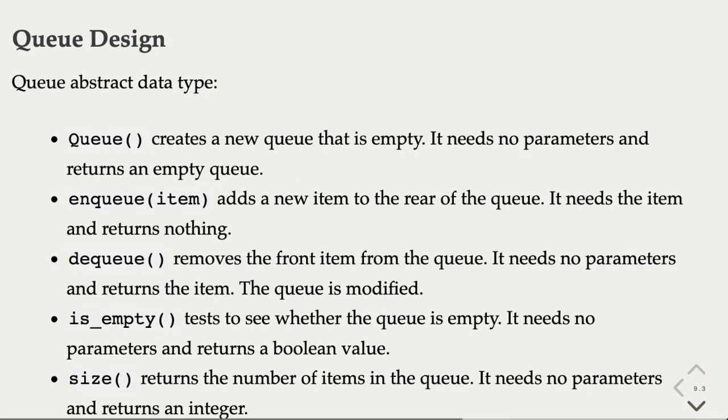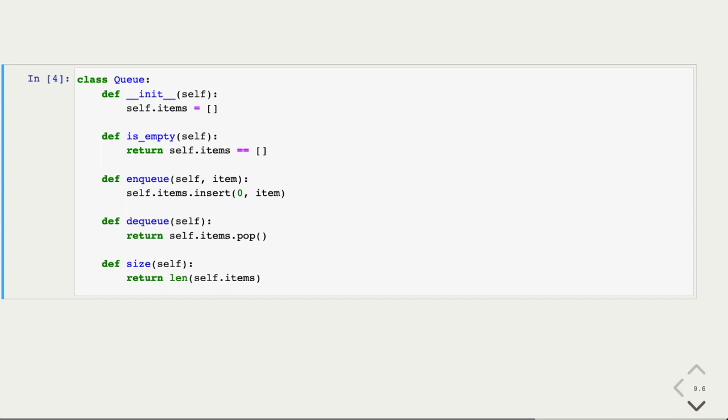Again, imagine you are designing a data structure to solve a problem related to queues. Here are potential operations you need to include to support the construction of related algorithms. For example, enqueue to add a new item to the end, dequeue to remove one from the front, and methods to check the size of the queue. So the queue class is similar to the stack class we implemented earlier, both using a list to store items.